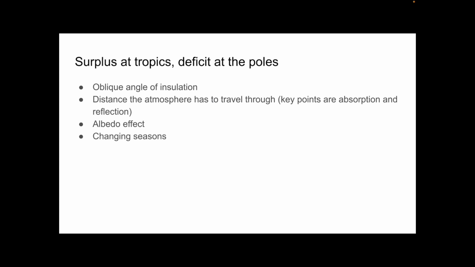So that's the kind of key things. It's to do with the tilt of the axis, and then you've got insolation all year round on the tropics, whereas at the poles they will get no insolation and they can have up to 24 hours of darkness.